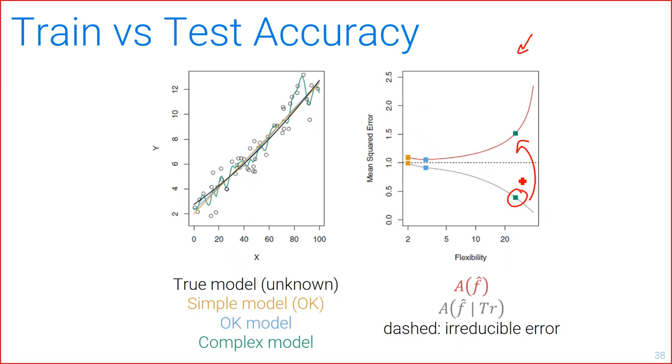It's going to be a very bad model of reality, a very bad model for the true data for the population. And in practice, either one of those two would be an okay model. They're not having a lot of error in the training set, and they are kind of okay for the test data for the population.